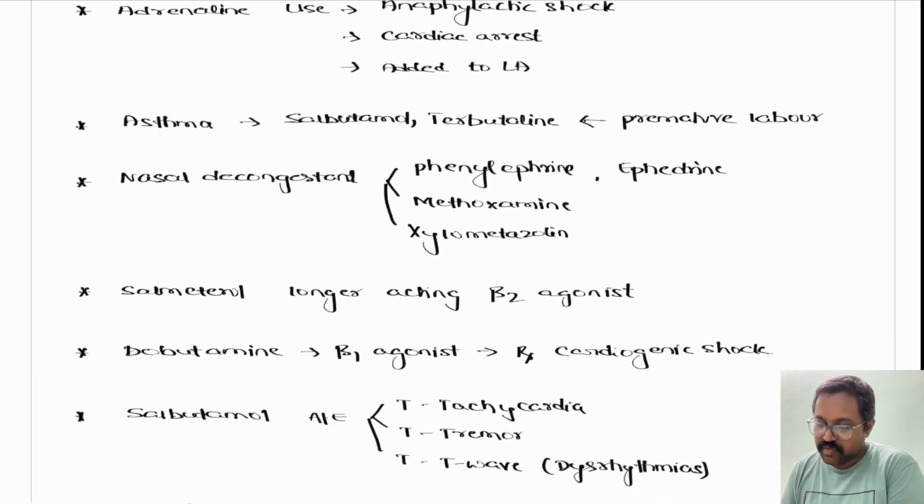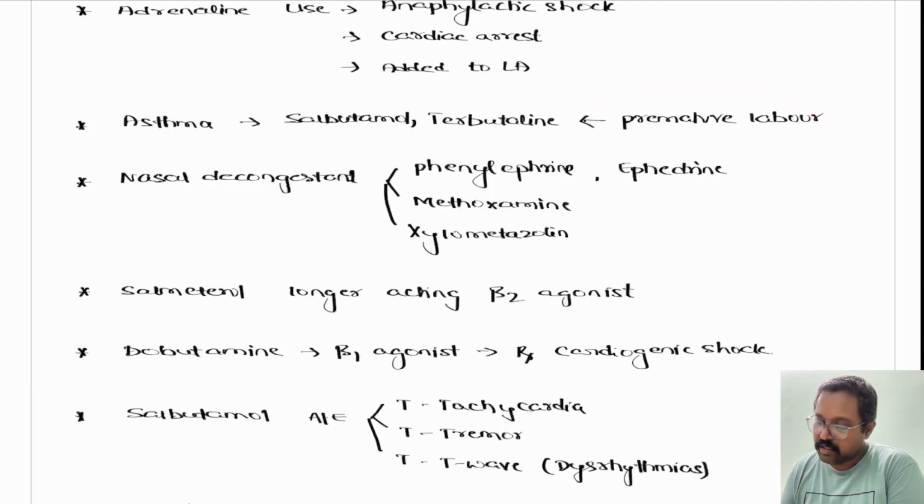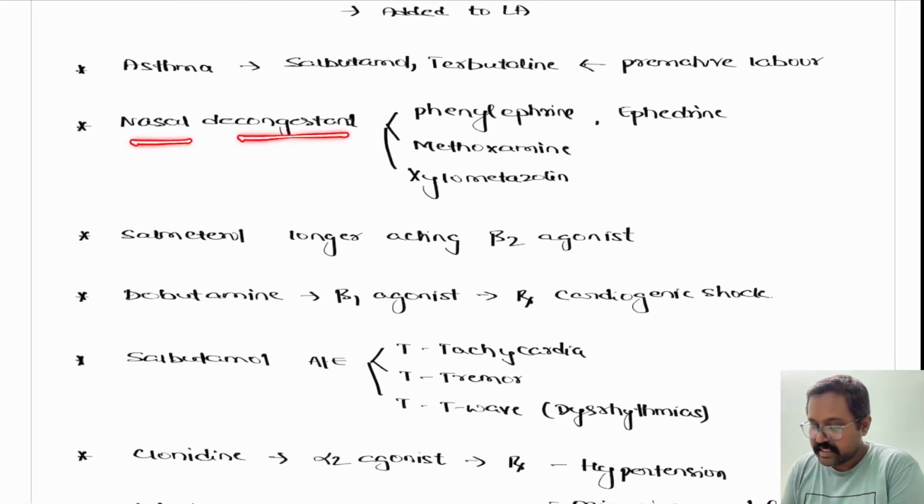In asthma, we use beta 2 agonists like salbutamol and terbutaline, and they are also used to prevent premature labor. So these are also called tocolytics. Then we have nasal decongestants. Again, these are sympathomimetic drugs.